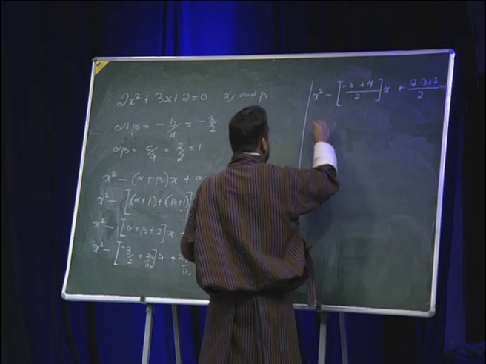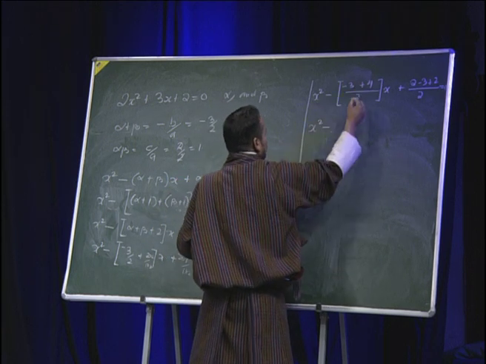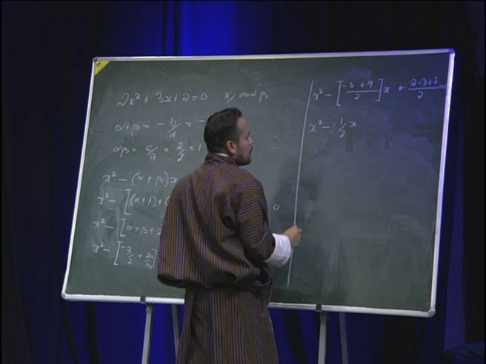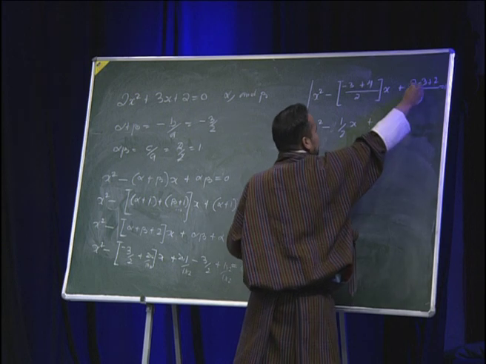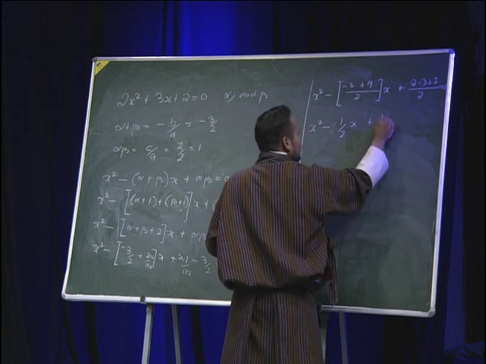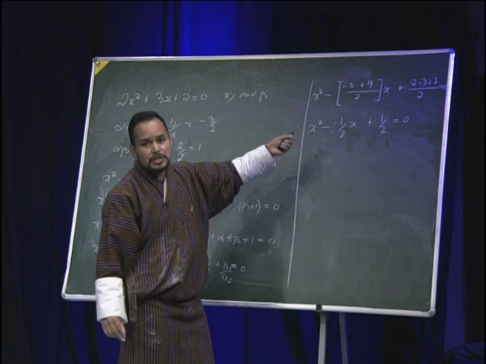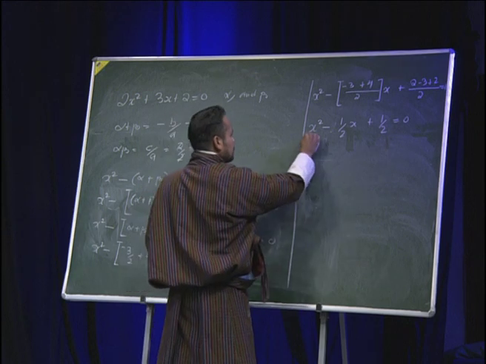Now let me simplify this again. x² minus, 3 plus 4 is 1, so 1 by 2 x plus, 2 plus 2 is 4, minus 3 will be 1, 1 over 2 is equal to 0. To make this one equation in standard form, make the denominator the same again.